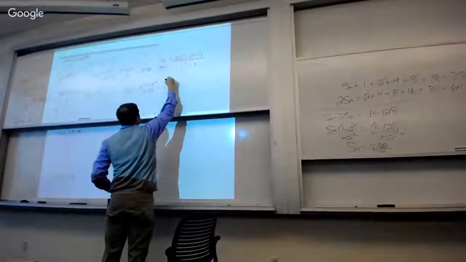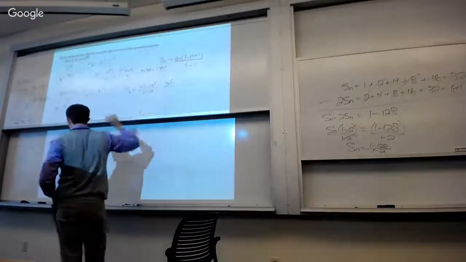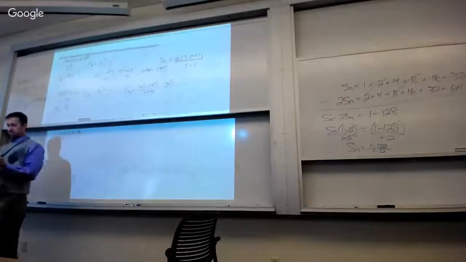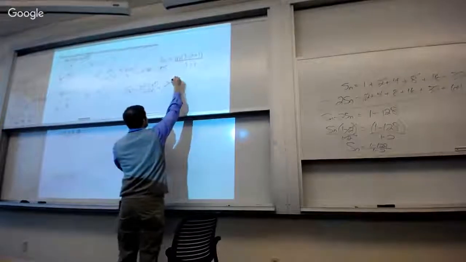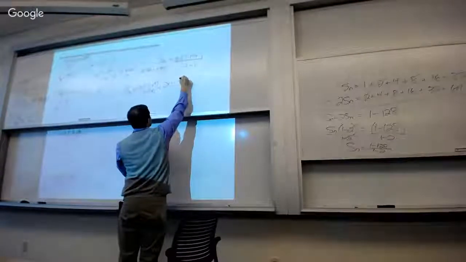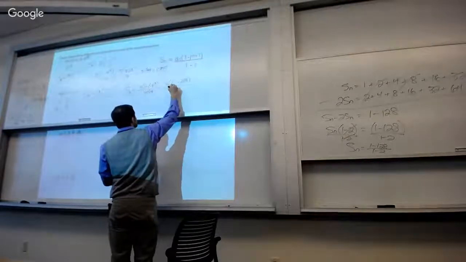So what do we have? I would suggest that you just compute -3 to the power of 5 with your calculator using parentheses. So that's 1 minus -243. Then on the bottom, 1 minus -3, that's 4.